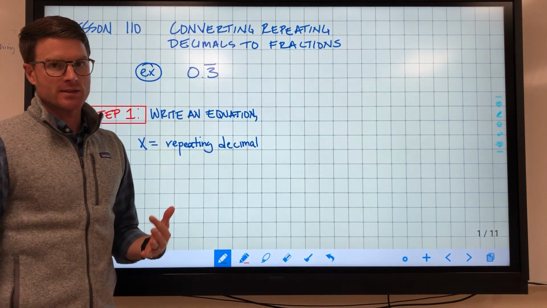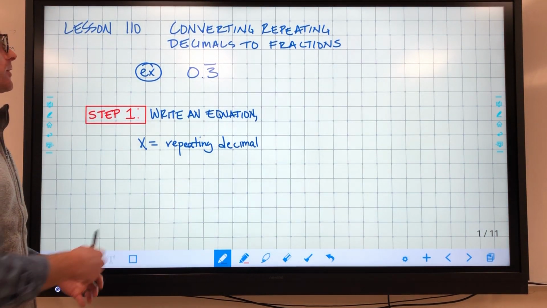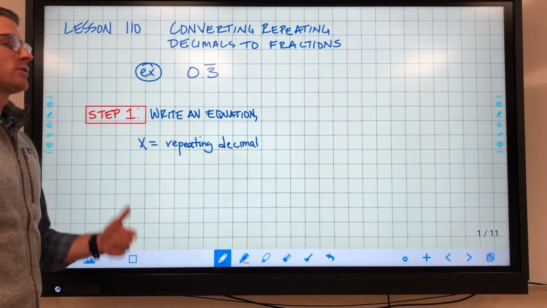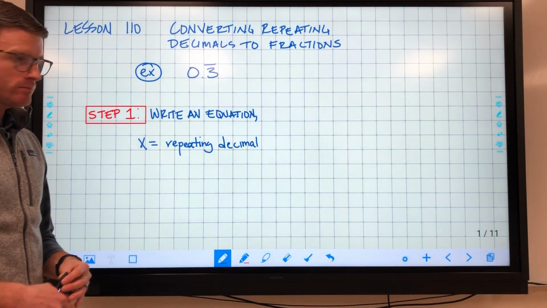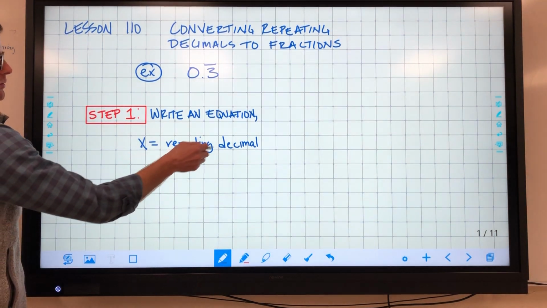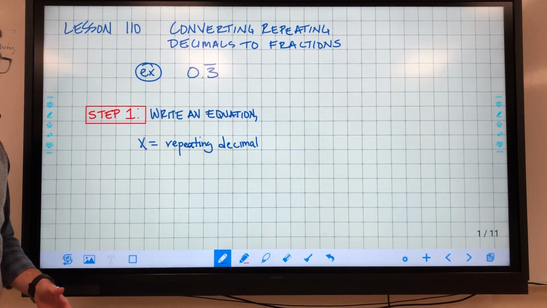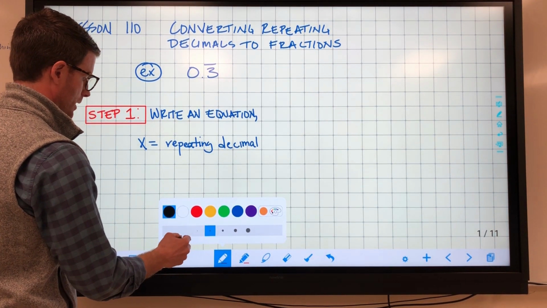I'm going to walk you through each step using an example of 0.3 repeating. So we are going to convert 0.3 repeating to a fraction. So step 1 is to write an equation as x equals whatever repeating decimal you are converting.